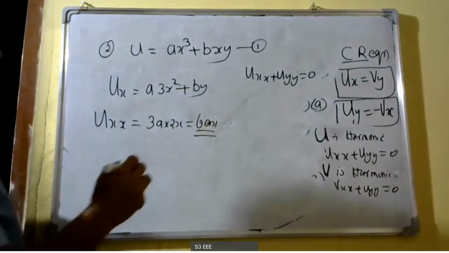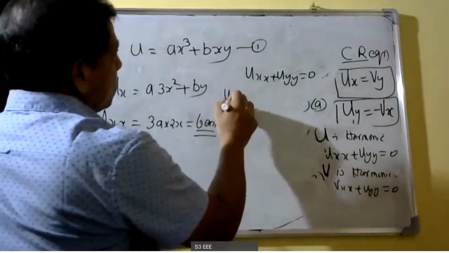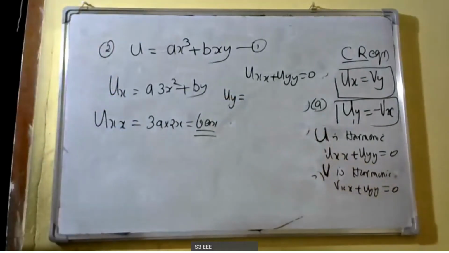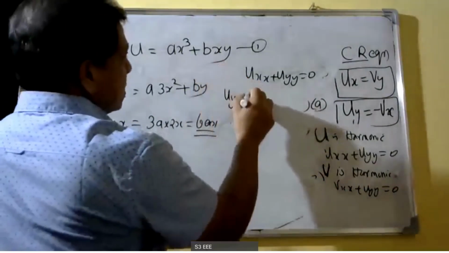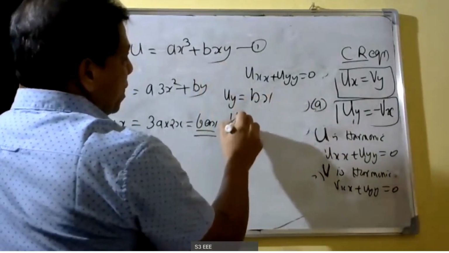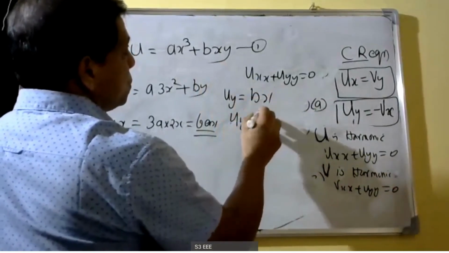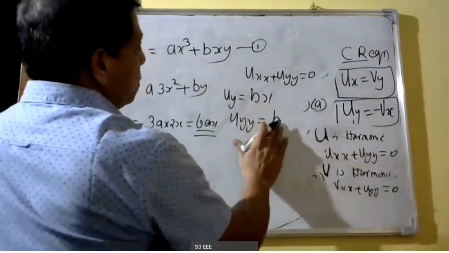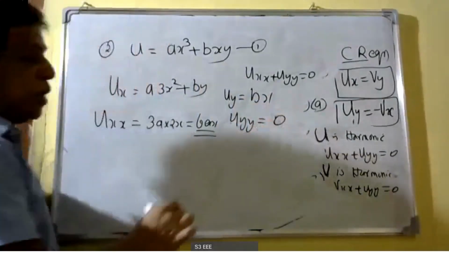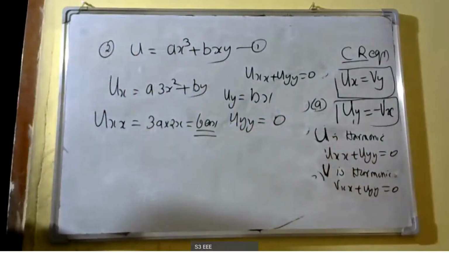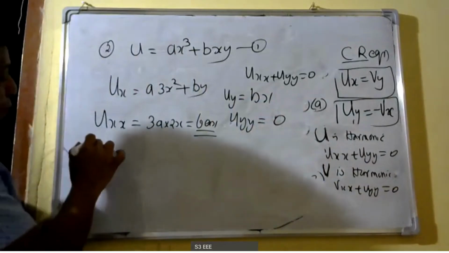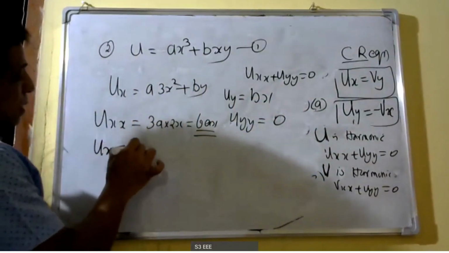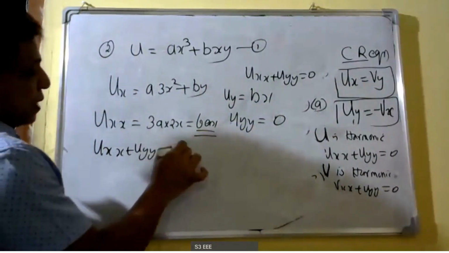Similarly, uy is equal to bx. Then uyy is equal to 0, since with respect to y, bx is constant. Therefore, uxx plus uyy equal to 0 given the condition.